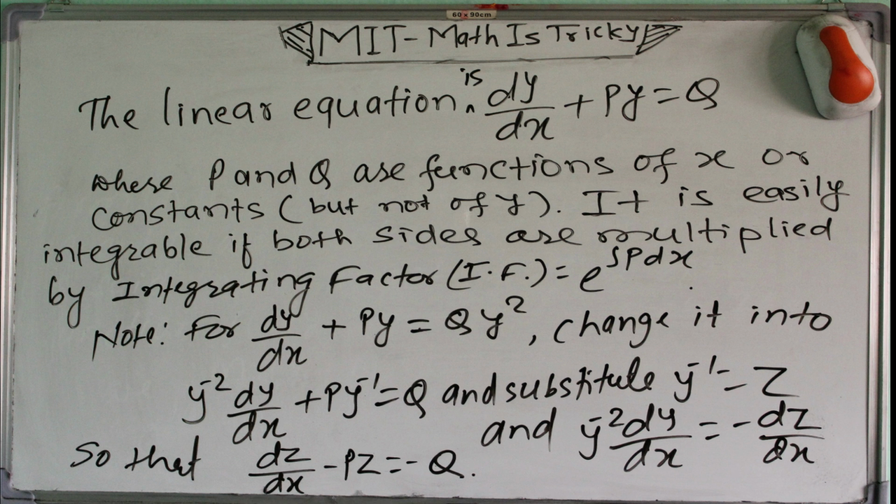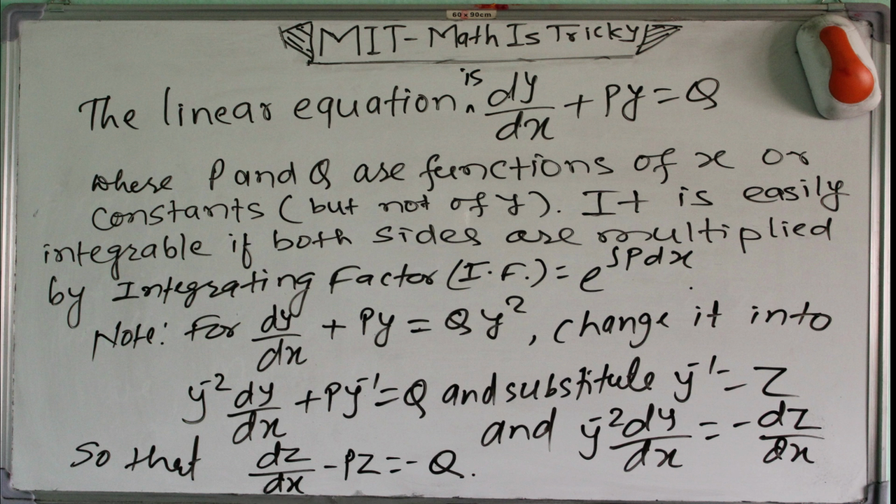In some special cases, the equation may be in the form dy by dx plus py equals qy square. We should change it into linear form: divide this type of differential equation by y square on both sides, keep q only on the right-hand side and bring all the terms to the left-hand side.